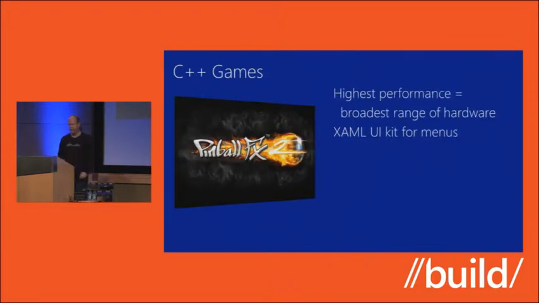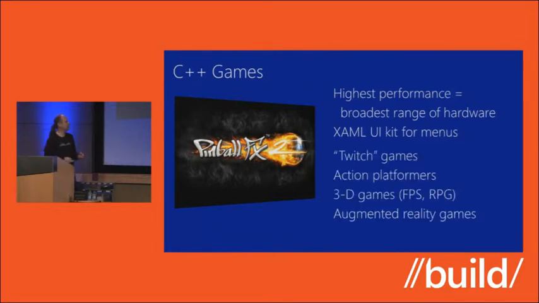And then if you're a C++ person, this is the solution that really gives you the highest performance, which really translates into your content running on the broadest range of machines, because tuning your performance is what enables the experience to be good on even very, very mobile, lightweight devices.